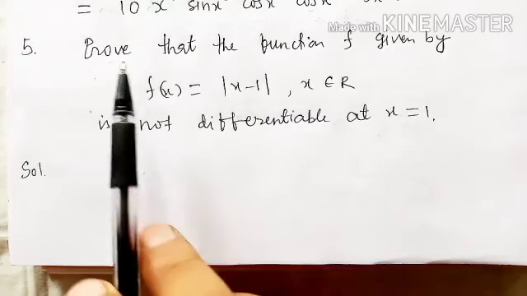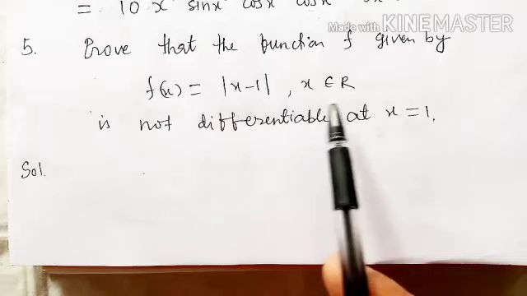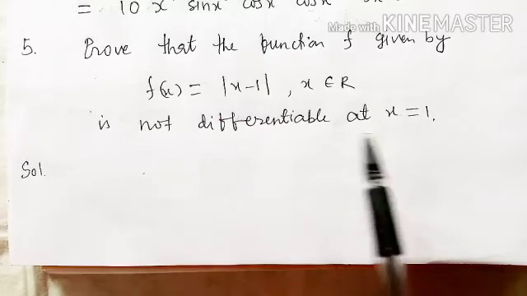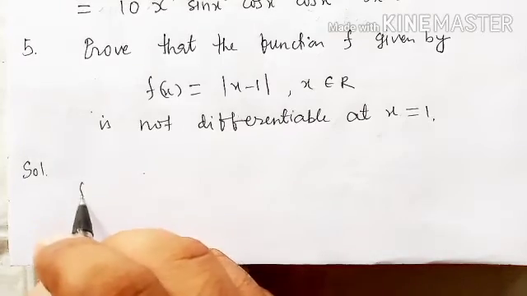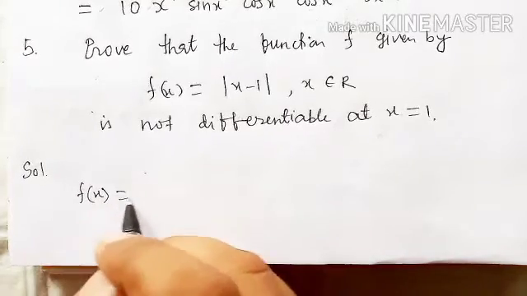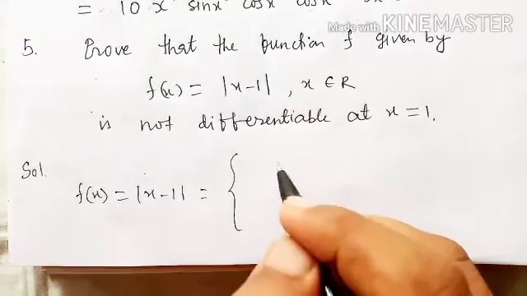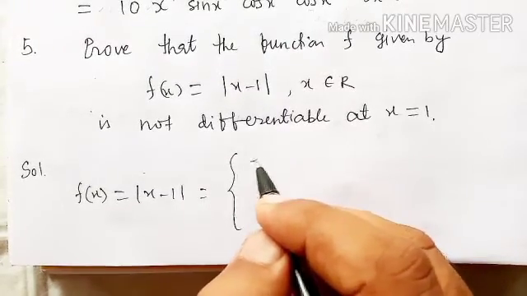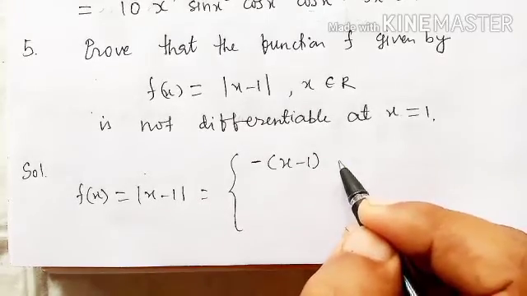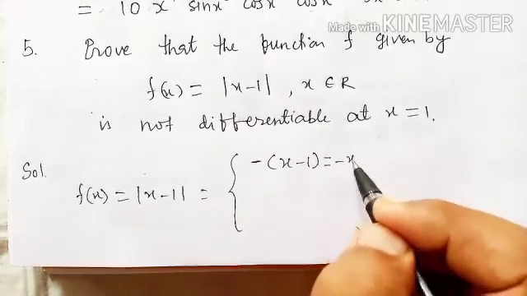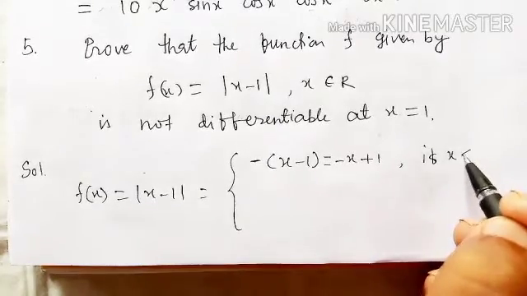Here the question is, prove that the function f given by f(x) = |x − 1|, x belongs to R, is not differentiable at x = 1. Let us write f(x), which is |x − 1|. This can be written as −(x − 1), that is −x + 1, if x is less than 1.